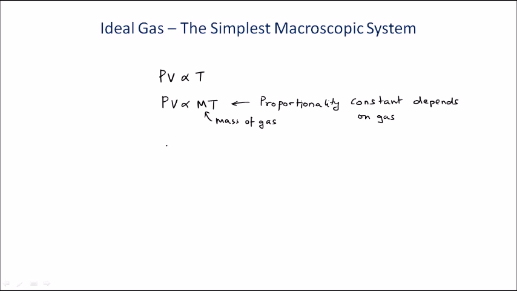So, PV is proportional to NT, where the proportionality does not depend on the gas.